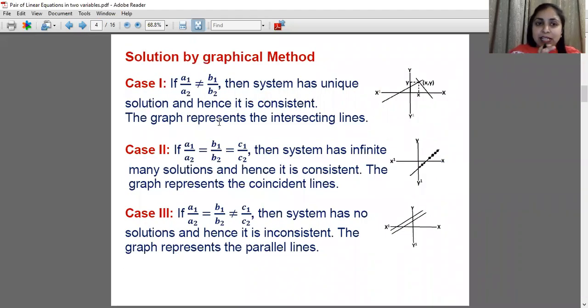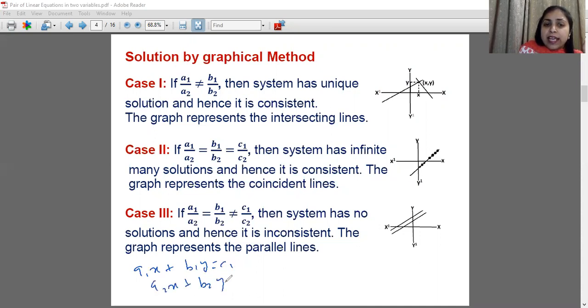Solution by graphical method. Now we have case 1. Case 1 is if a1 upon a2 is not equal to b1 upon b2, right? We have 2 equations, a1x plus b1y is c1, a2x plus b2y is c2. Now what is a1? a1 is the coefficient of x in the first equation, a2 is the coefficient of x in the second equation.